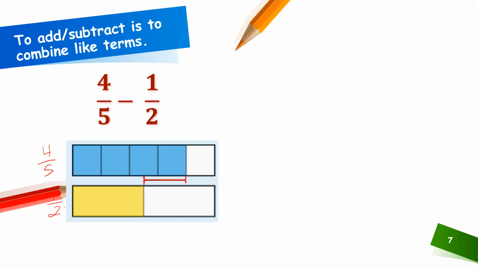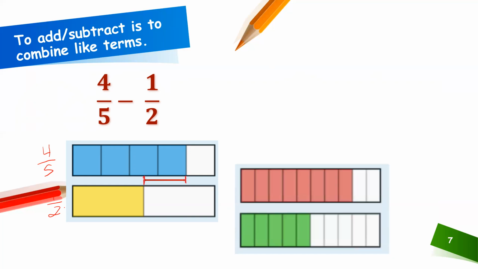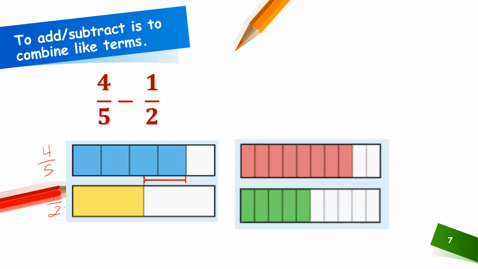So let's think of your unit with smaller equal parts. So what I can do is I take all the blue ones or the rectangle in the top and split them up into two.